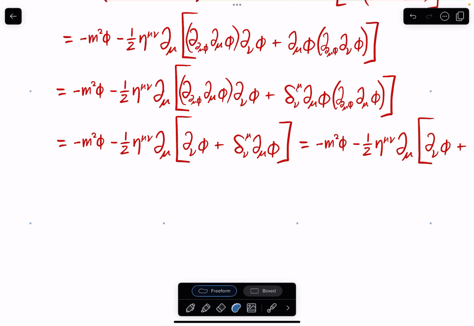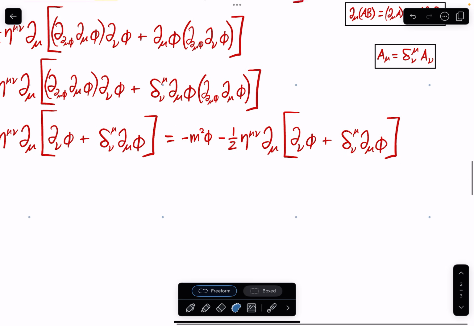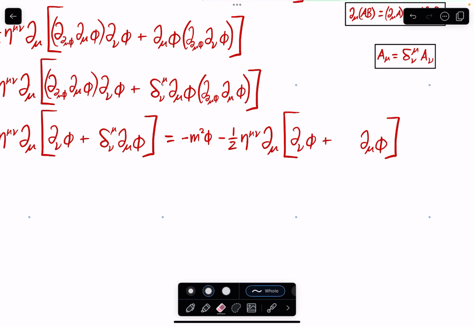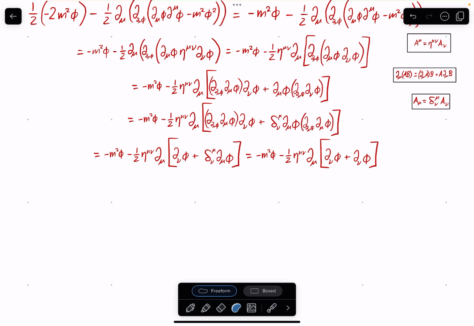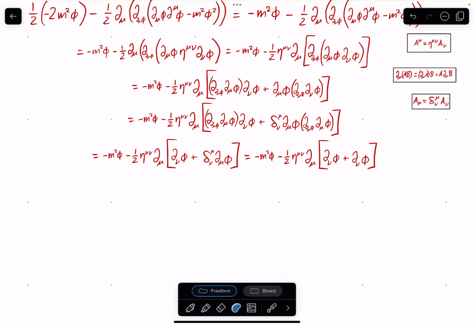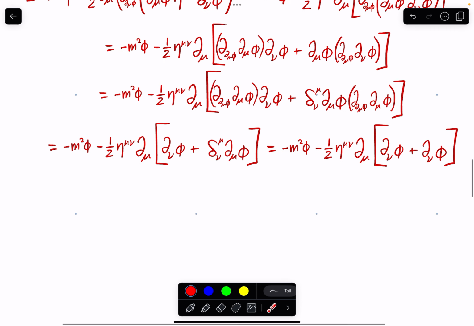And moreover, we can use this property again here to rewrite this partial mu as a partial nu. So now we have two of these partial derivatives, or two of these d nus, and we have a Minkowski metric here.